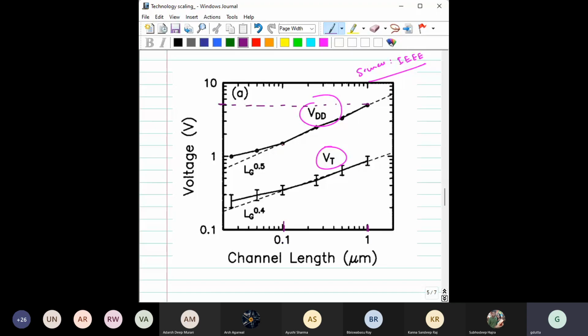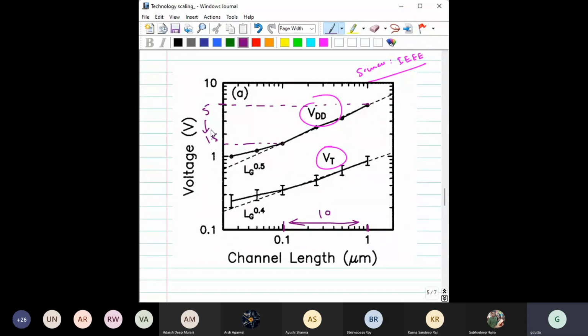At 100 nanometer, what is the voltage? Say 1.5. How much reduction? From 5 to 1.5, right? Whereas what is the reduction in terms of device dimension? 10 times. And here a little bit more than 3.